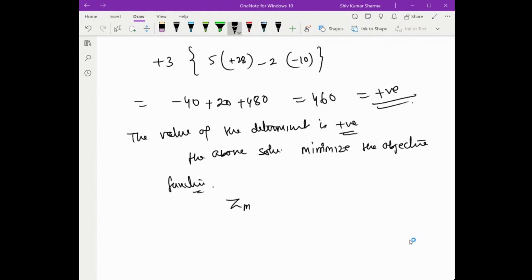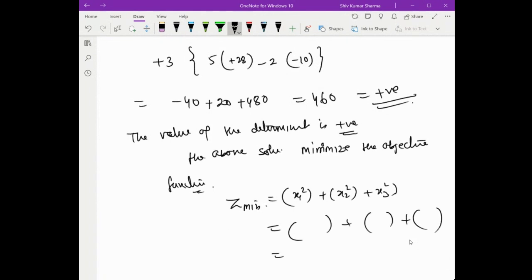Or you can calculate the value of z minimum by putting the values into x1 square plus x2 square plus x3 square. This is our objective function. You put the values of x1, x2 and x3. So the value is 0.487.